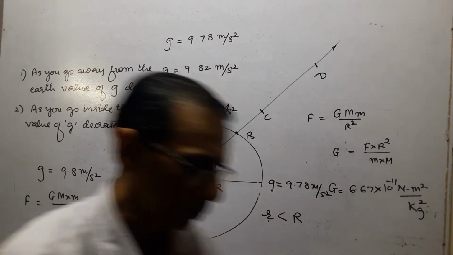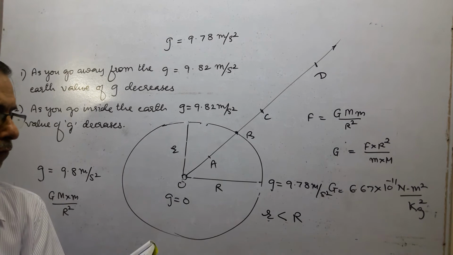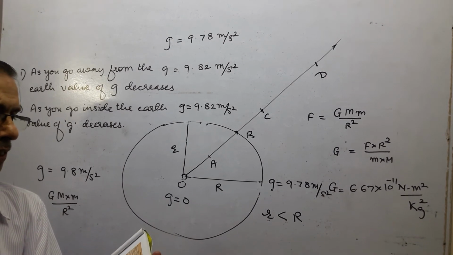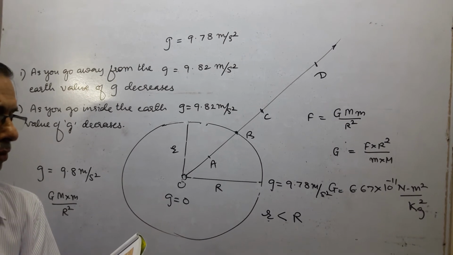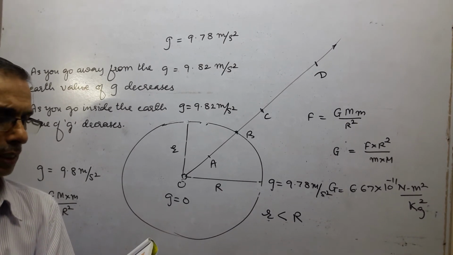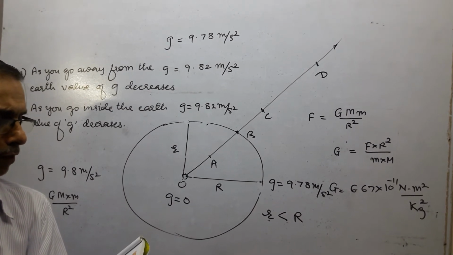On page 9 of your book, there is a table given at the top, and you find that on the Earth's surface, the value of g is 9.8. Even on Mount Everest, there is a little change, but it can be neglected.